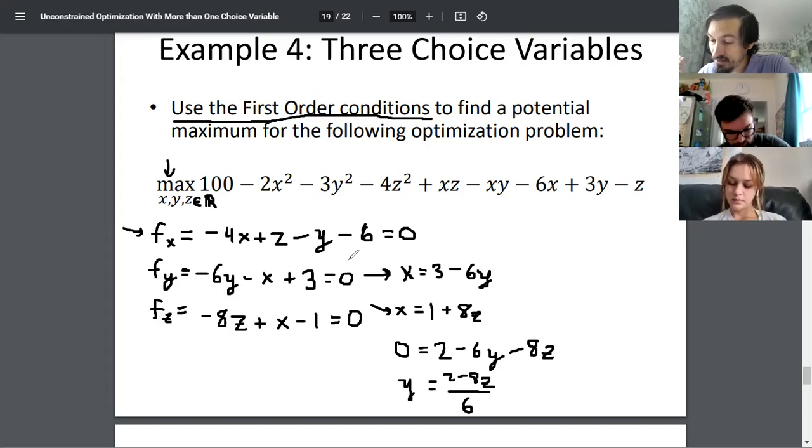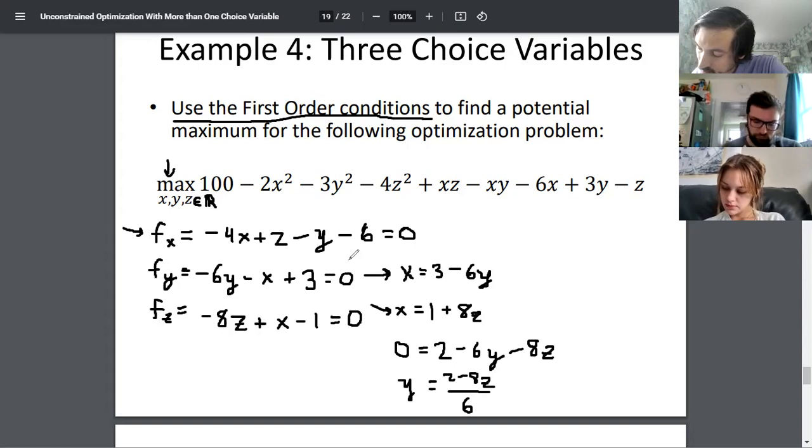Well, I have a way to solve for z now. This is not pretty. Plus z minus 1/3 plus 8z over 6 is 4z over 3. What do you get? Let's move all the constants over to the right side, and you get negative 10 1/3. I get 31/3 on the right hand side, and all the z's stay on the left.